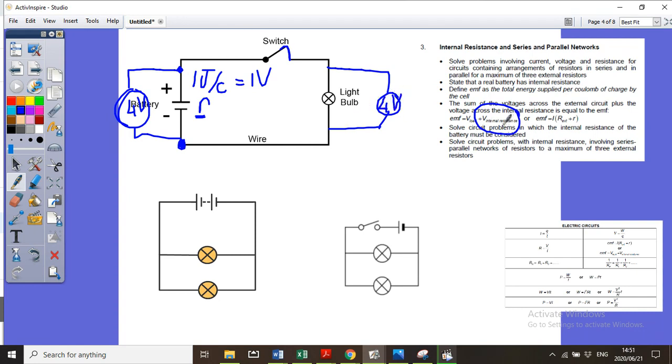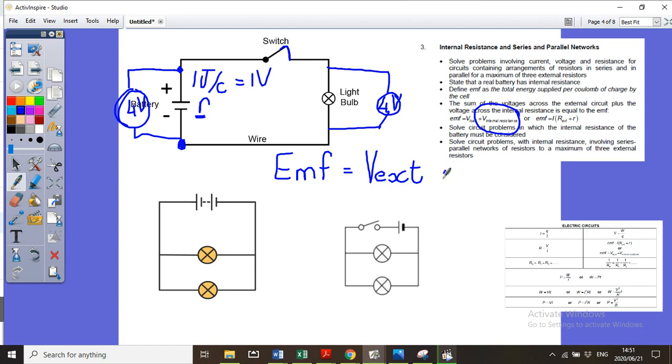So that's where this equation comes from. The EMF is the total amount of energy that the battery can possibly give. Sometimes that is equal to V external, that could be equal to V external if there is no internal resistance.